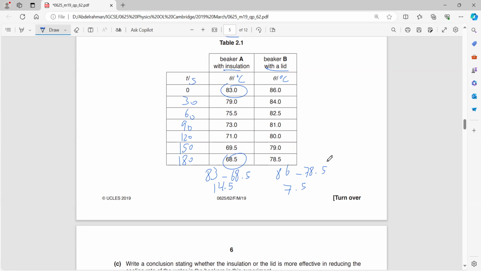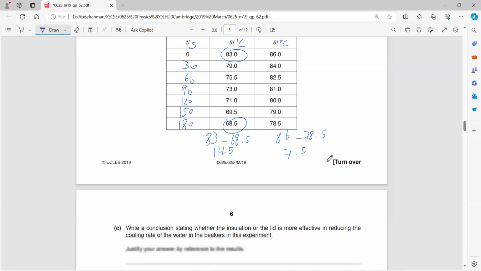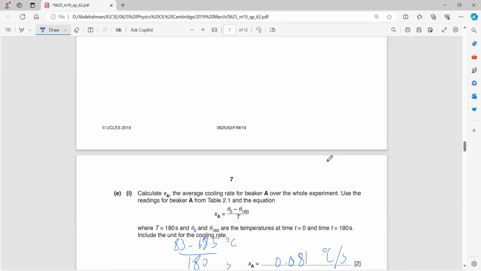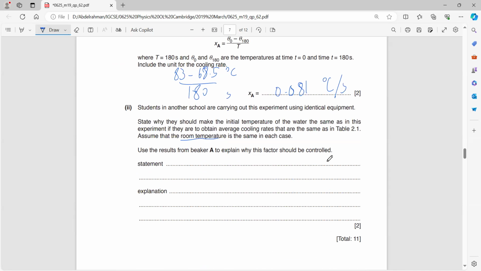That's something you must know for any question related to the rate of cooling. As the difference between the initial temperature and the room temperature increases, the rate of cooling also increases.